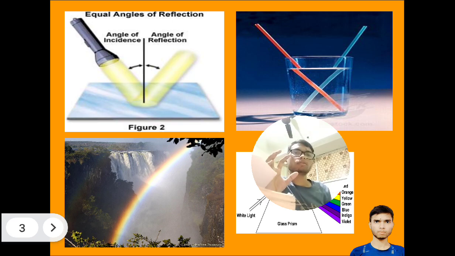The surface can be rough, the surface can be smooth, it doesn't matter. If a surface is rough, then you will not get a clear image. If a surface is smooth, then of course you will get a clear image.